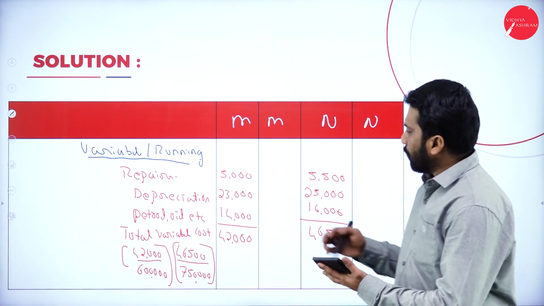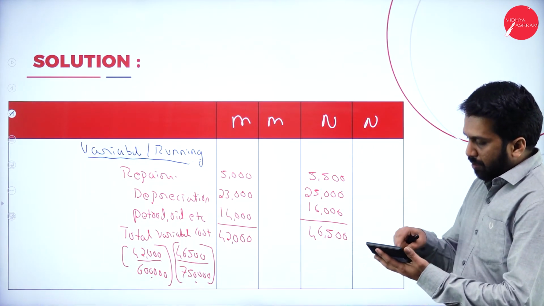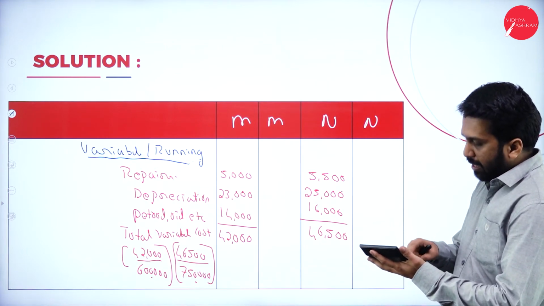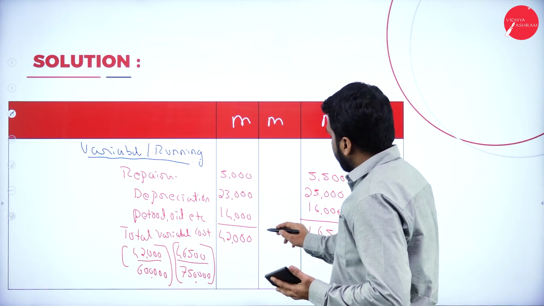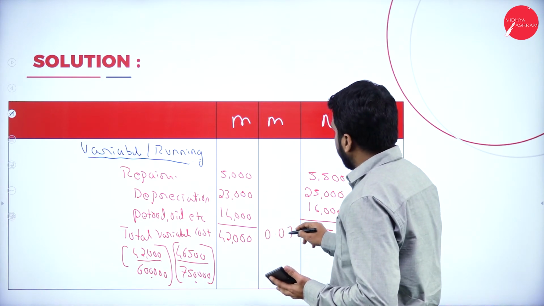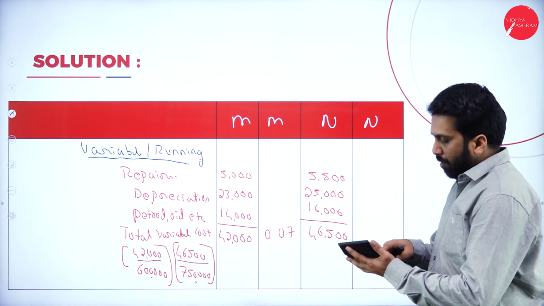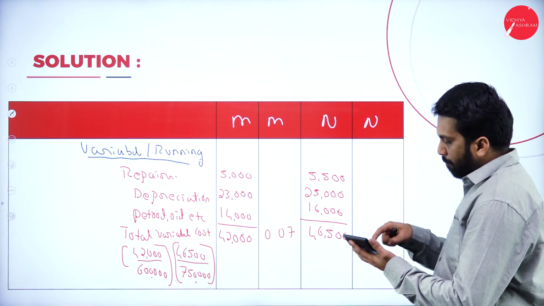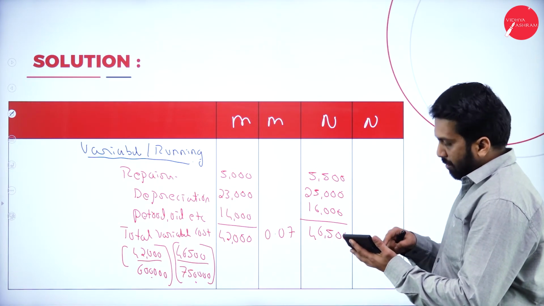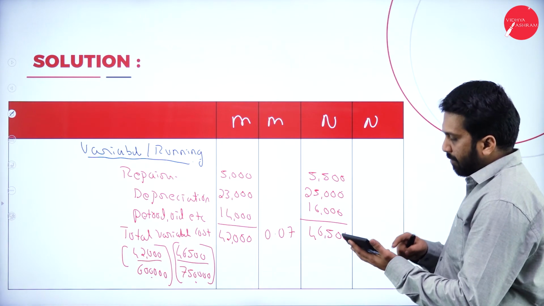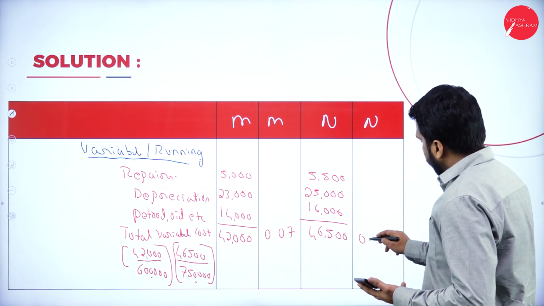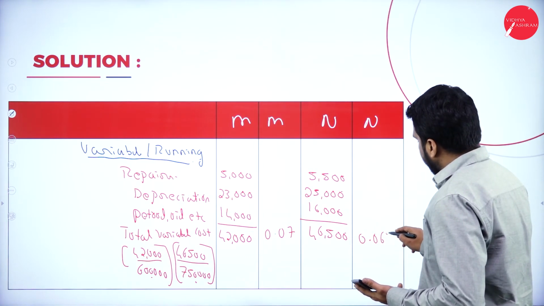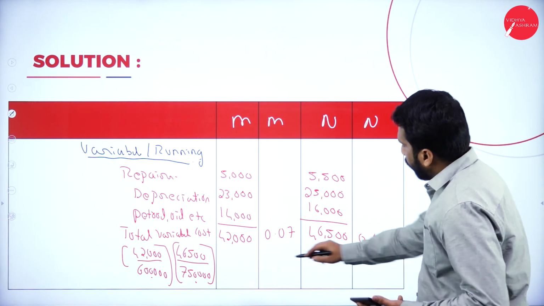First one, 42,000 divided by 6 lakh, I got 0.07. Similarly, 46,500 divided by 7,50,000, I got 0.062.